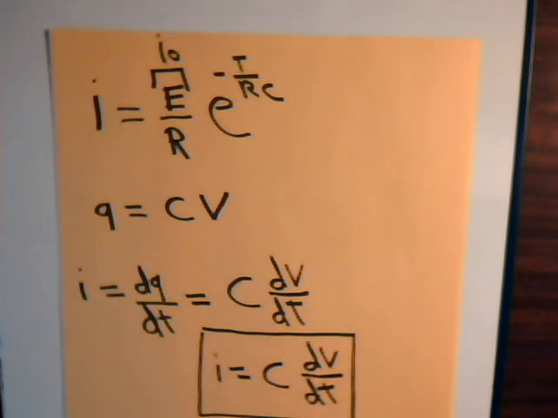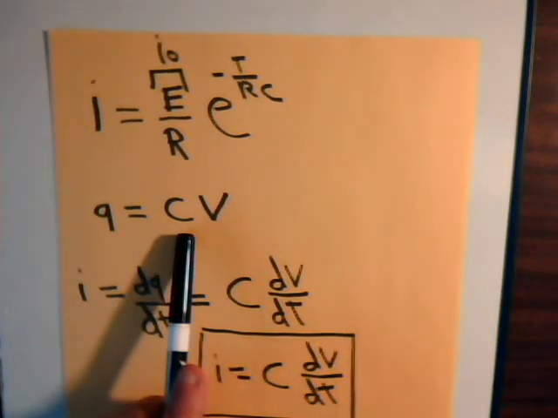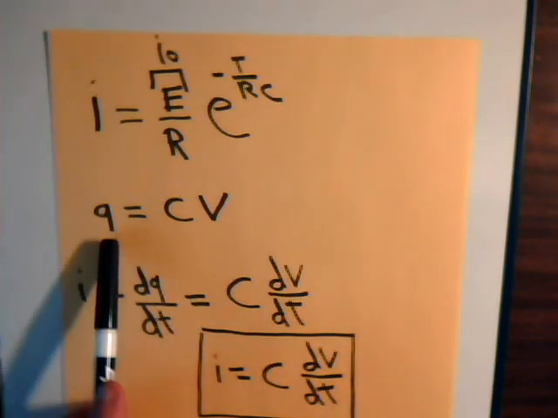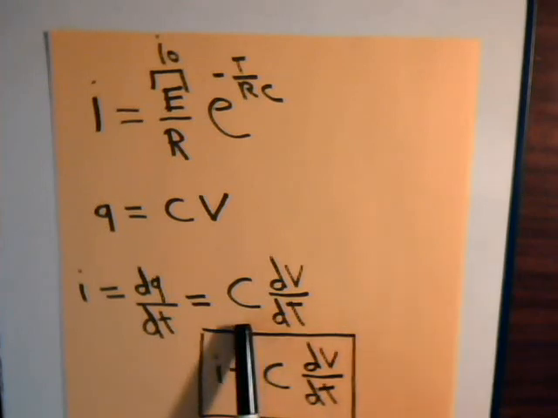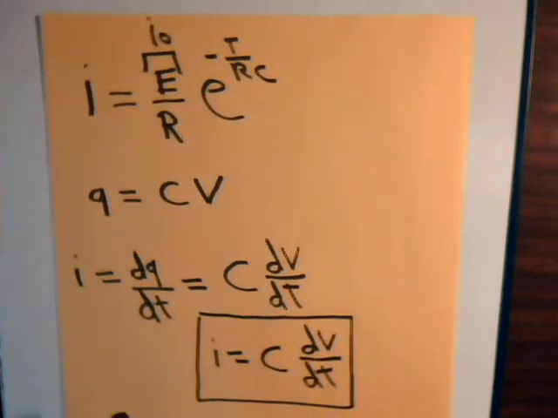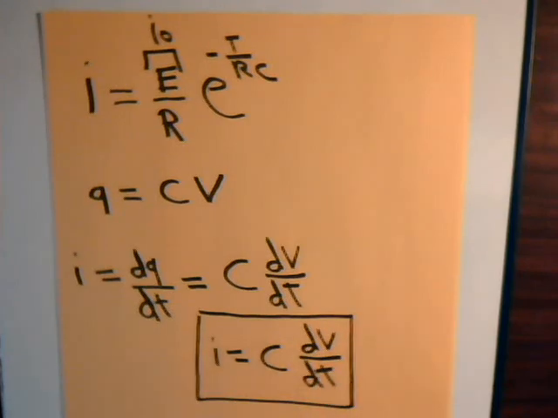Now, the charge across the capacitor, of course, is this. And as we discussed in the previous 2 videos, the current is the instantaneous derivative of the charge with respect to time. So the current would be this, and we're going to make use of that in this video. And then from this equation, we can solve for dV with simple algebraic manipulations, and we get this equation.